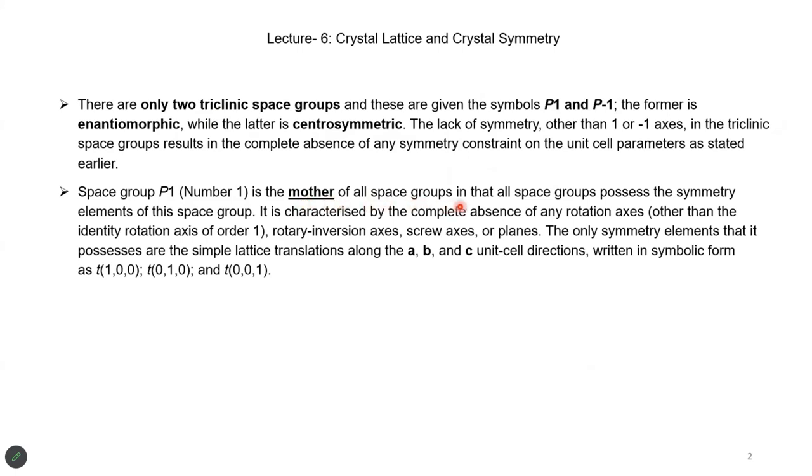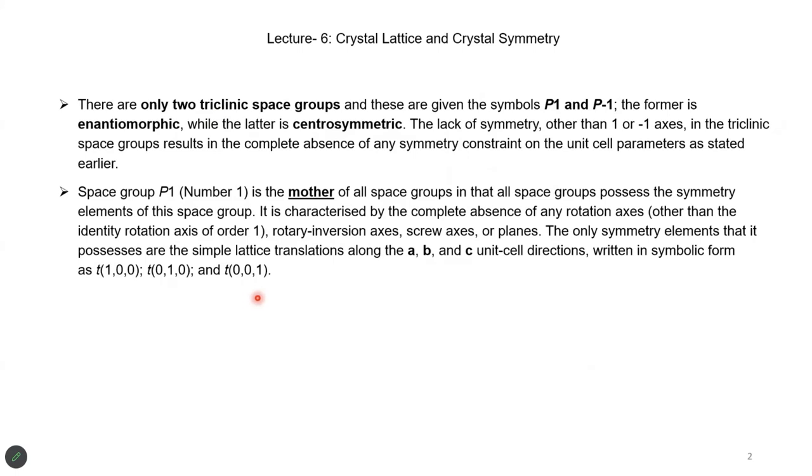It is characterized by a complete absence of any rotation axis other than the identity rotation axis of order 1. So we get only translation along the a, b, and c unit cell directions, and the symbols of these equivalent positions we write like this: T100, T010, and T001. This is the equivalent position for space group 1.